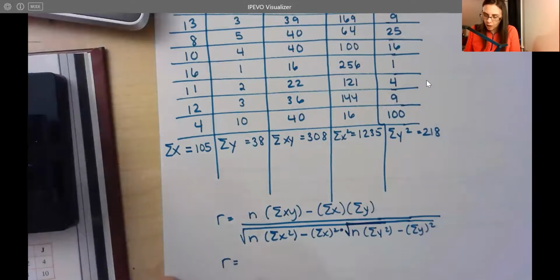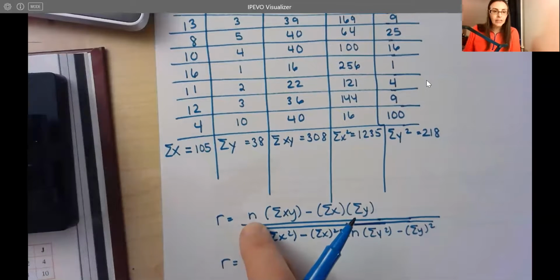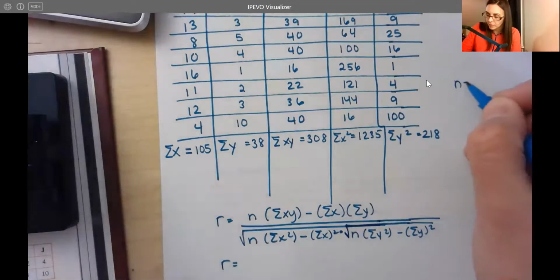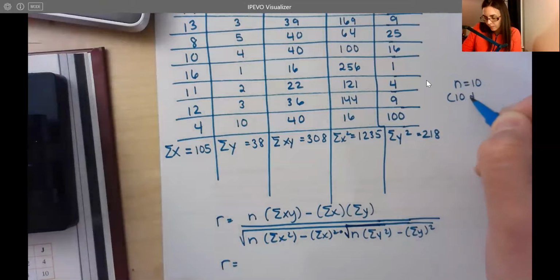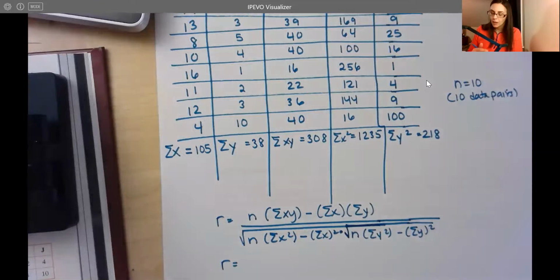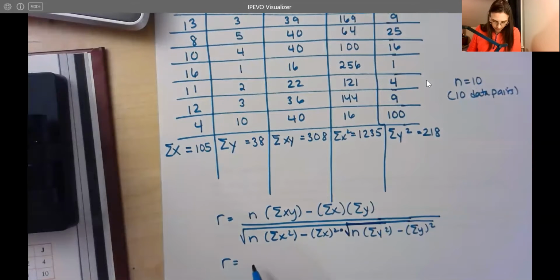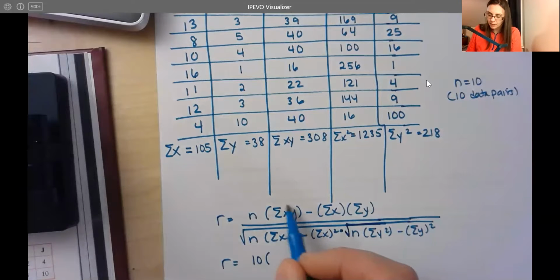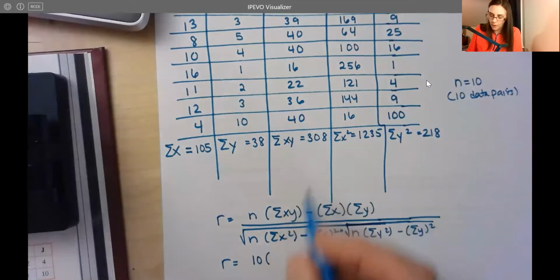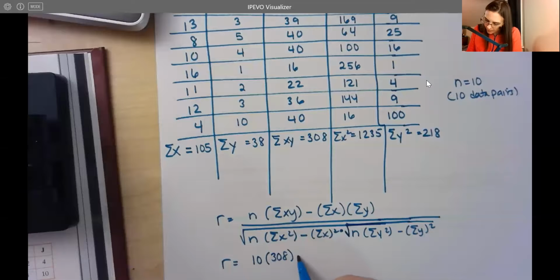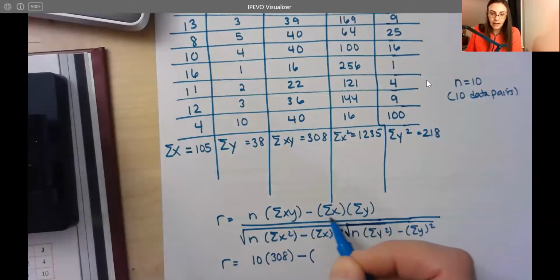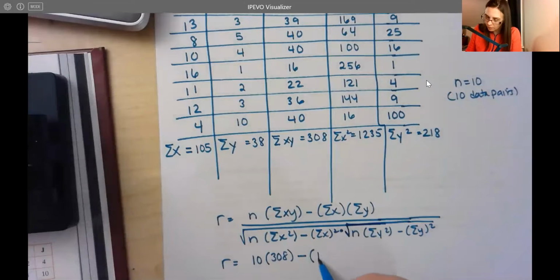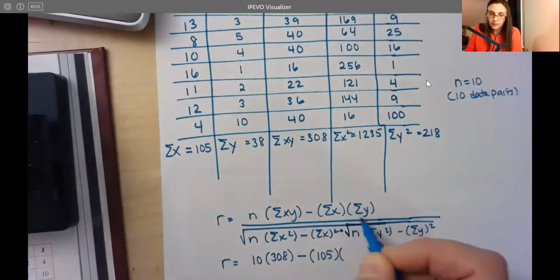All right, so let's fill in all of our values. Now our n here is 10 because you have 10 data points, or data pairs, I guess, right? 10 people. So we're going to have 10 times the sum of the xy's, which is 308, minus the sum of the x's, which is 105, times the sum of the y's, which is 38.